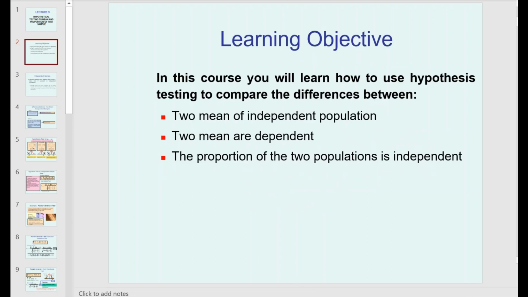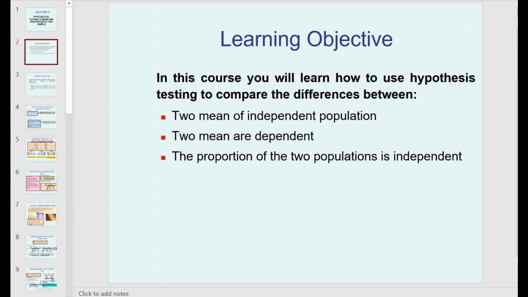For this course, we want to learn how to use hypothesis testing to compare the differences, because this topic is on two different samples. So this is to compare the differences between, first, two means of independent populations, which will be explained later.